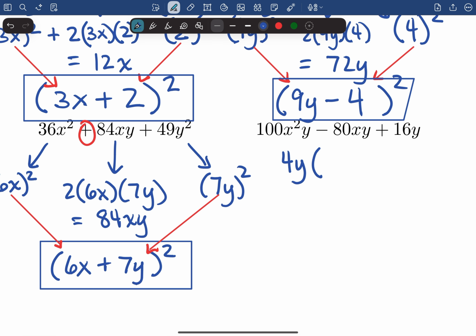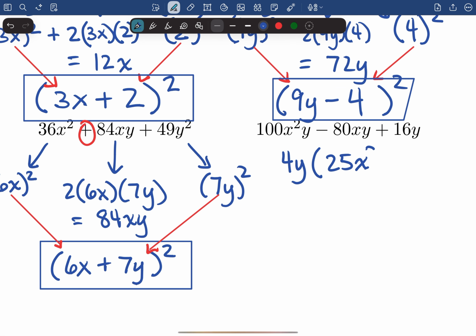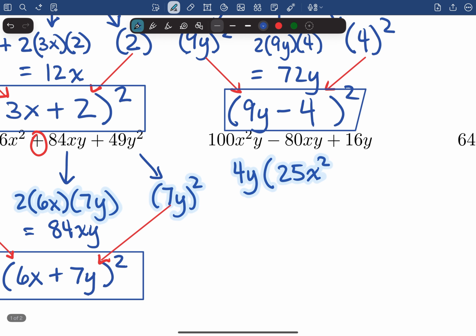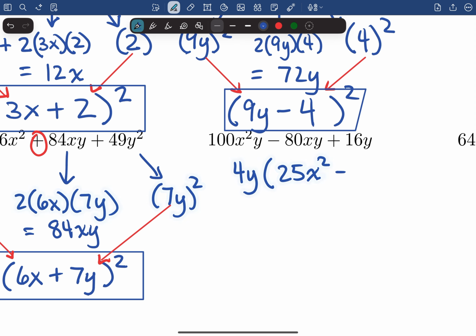If I factor a 4y out of 100x squared y, right, 100 divided by 4 is 25. And then y divided by y cancels, and you still have the x squared left. Okay, so we have a 25x squared. Moving on, if I divide a 4y out of negative 80xy, well, that would leave me 80 divided by 4, which is 20, and y cancels, so I just have an x.